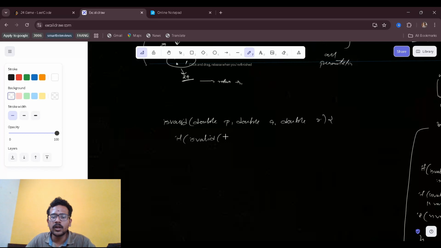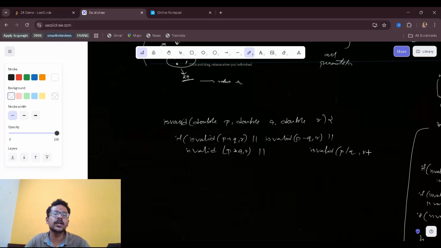I'll tell you how. So isValid p and q, operation between p and q. So p plus q comma r, or isValid p minus q comma r, or isValid p into q comma r, or isValid p by q.